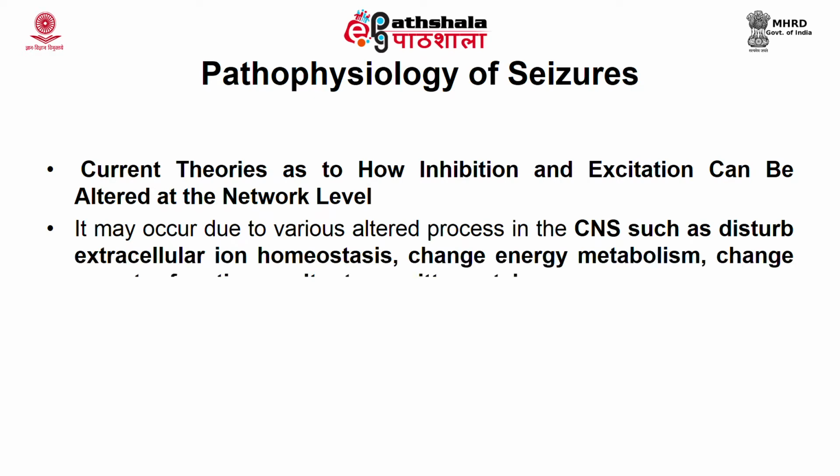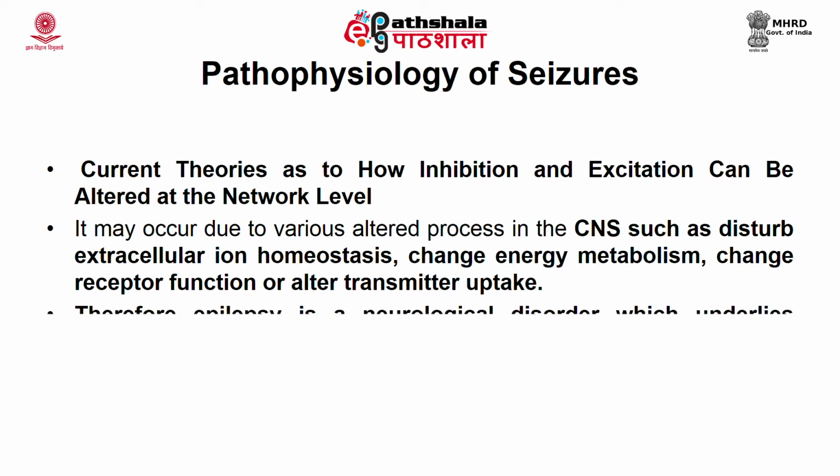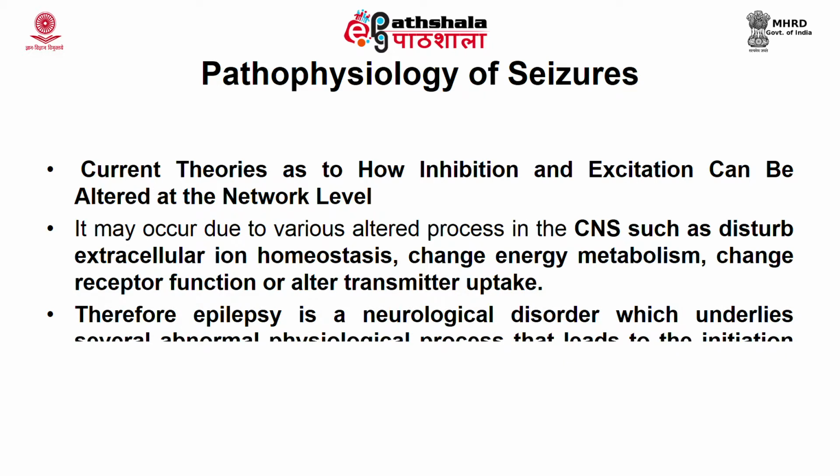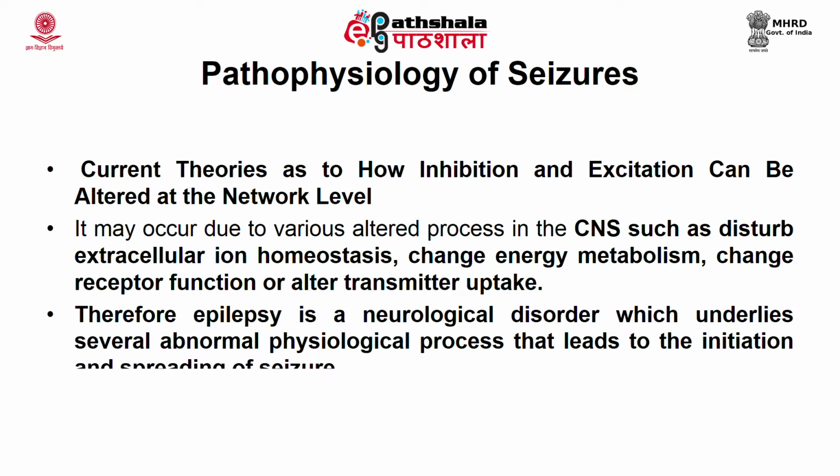It may change the receptor function or the transmitter uptake. Therefore, epilepsy is a neurological disorder which underlies several abnormal physiological processes that lead to initiation and spreading of seizures.